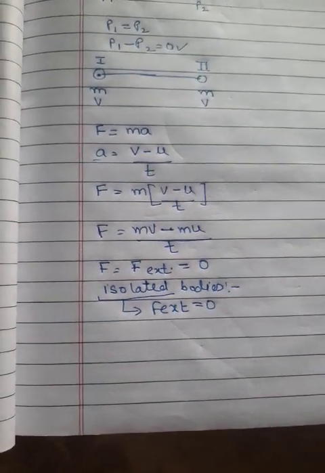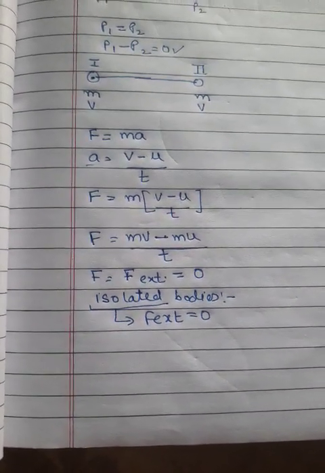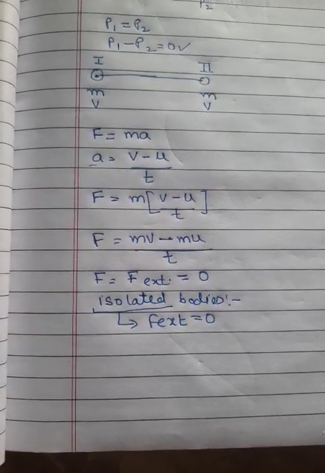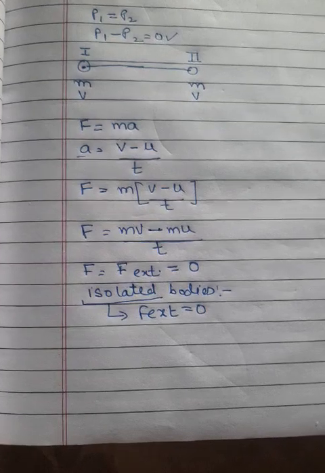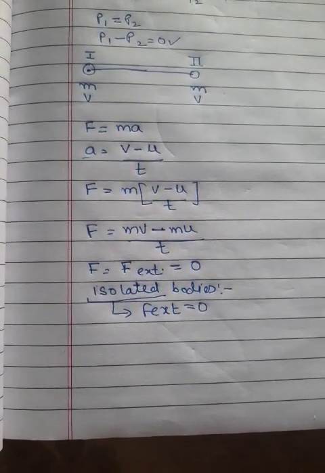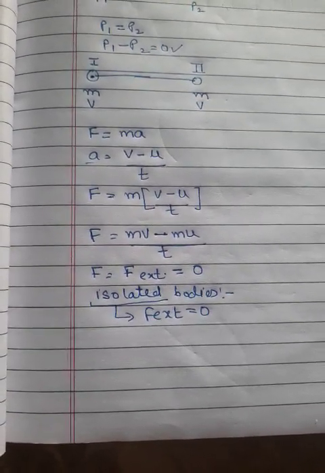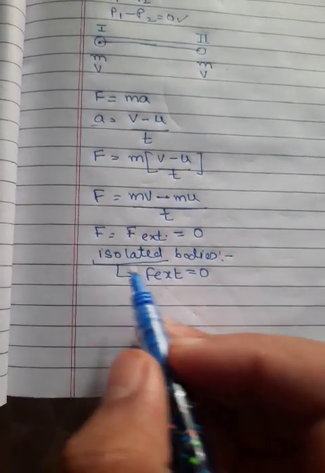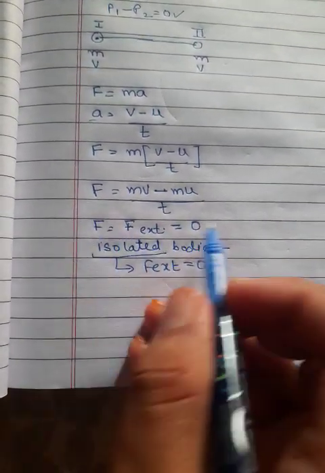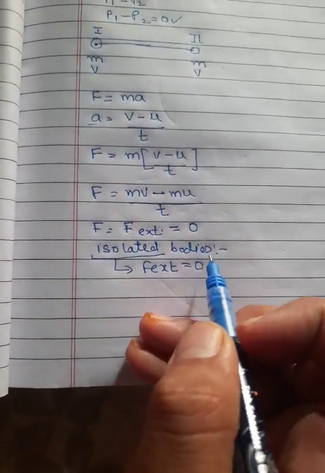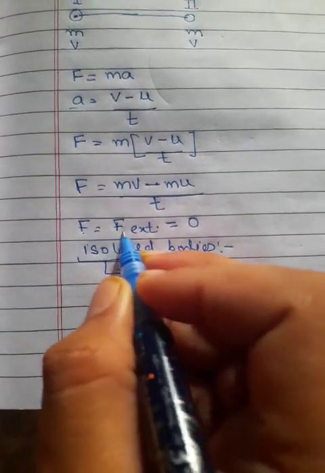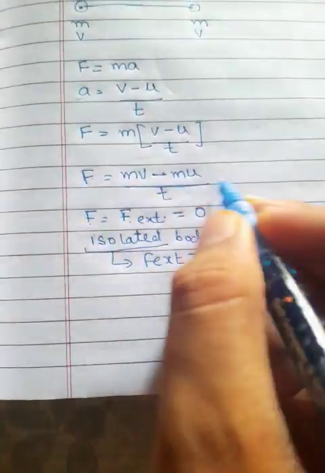If the examiner asks in the examination what you understand by an isolated system, you can say that bodies which have no kind of external force, F external equal to 0, are called isolated bodies. Okay? So we put F external equal to 0.